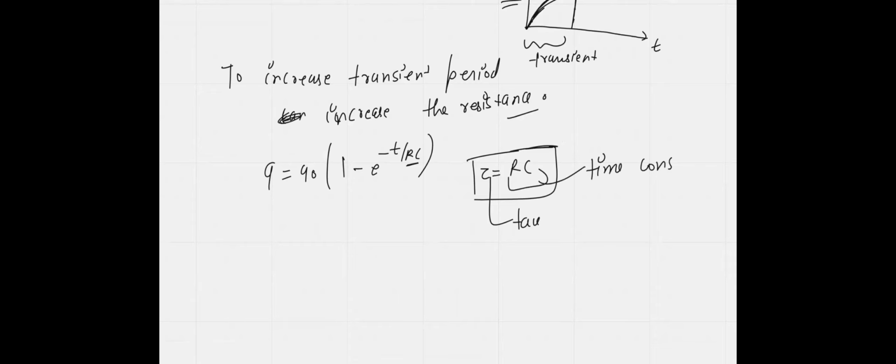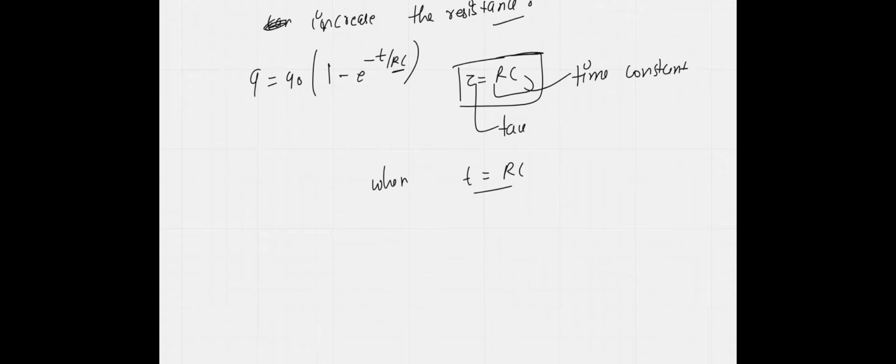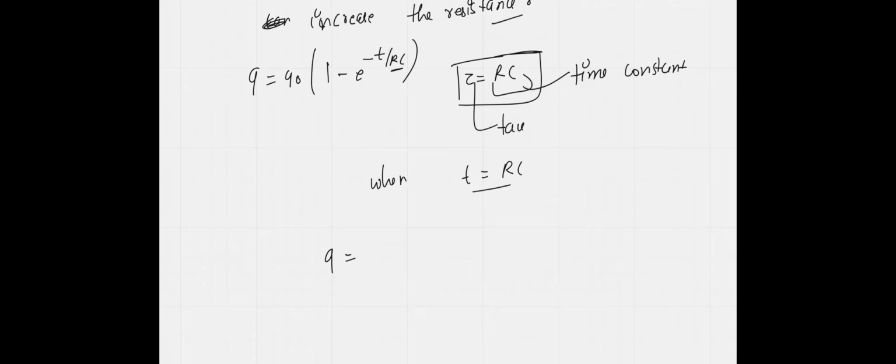Time constant. So when your time t is equal to the time constant, meaning RC, then what is going to happen? Q is equal to Q naught times 1 minus e to the power minus t by tau. You can say that as Q naught times 1 minus 1 by e.